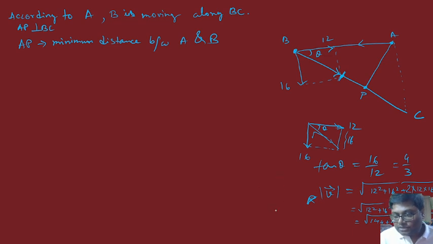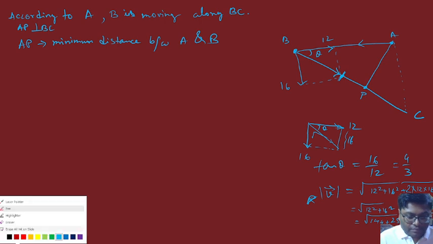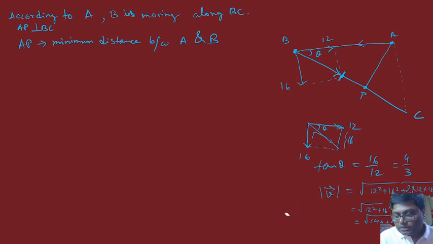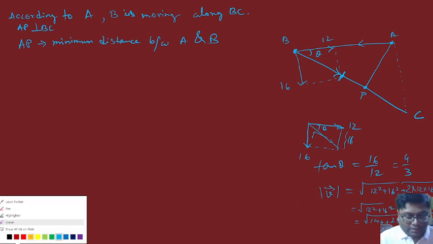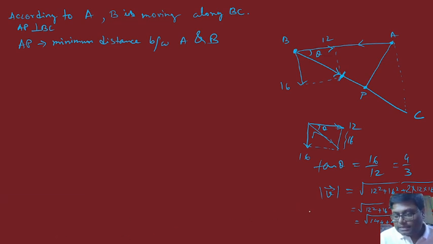So what is the value of sin theta? Sin theta equals perpendicular 16 over hypotenuse 20, which gives 4 by 5.